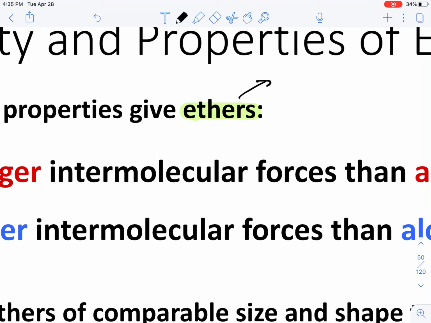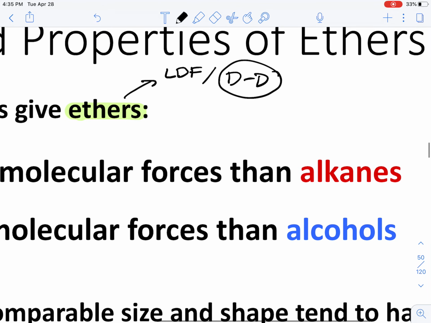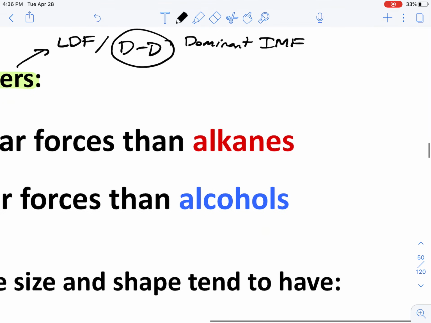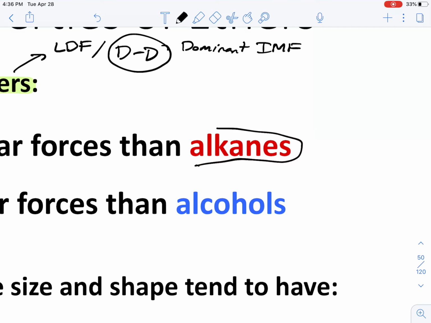And so this ether, or a group of ethers, can only have London dispersion forces and dipole-dipole. But dipole-dipole is the most dominant intermolecular force because dipole-dipoles are stronger than London dispersion forces. And so alkanes, they're just a whole bunch of carbons and hydrogens. And so alkanes can only access London dispersion forces.